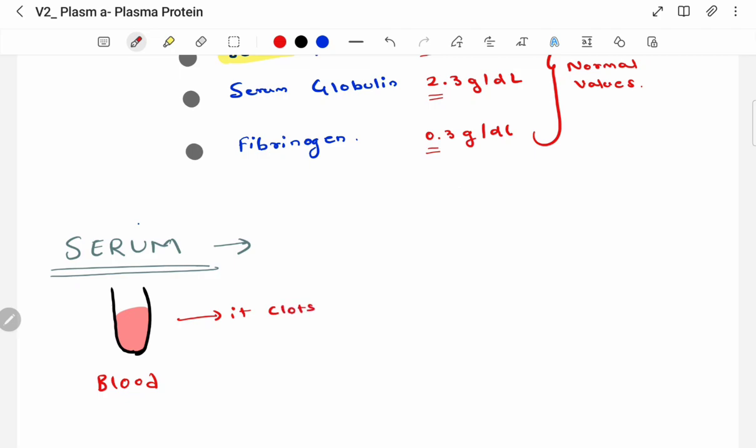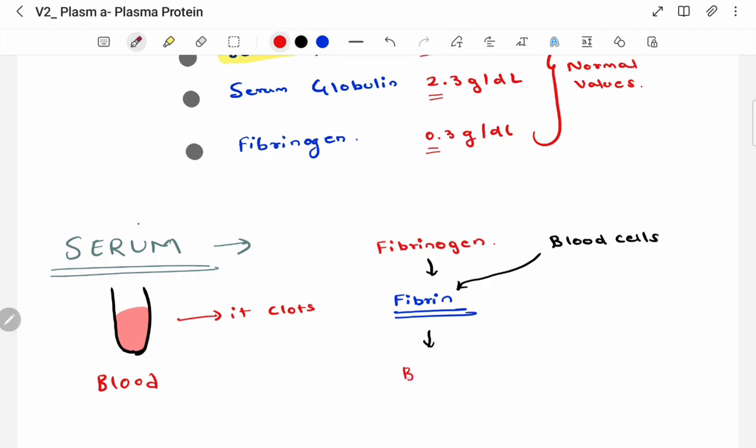During this clotting process, fibrinogen is converted into fibrin, and this fibrin traps all the blood cells and forms a blood clot. And after some time, serum oozes out from this blood clot.